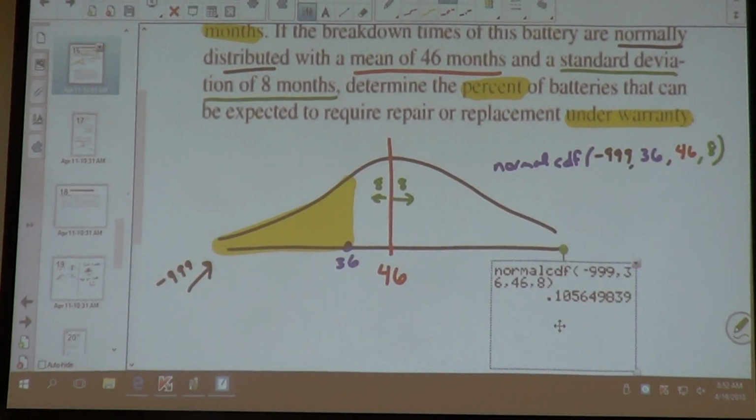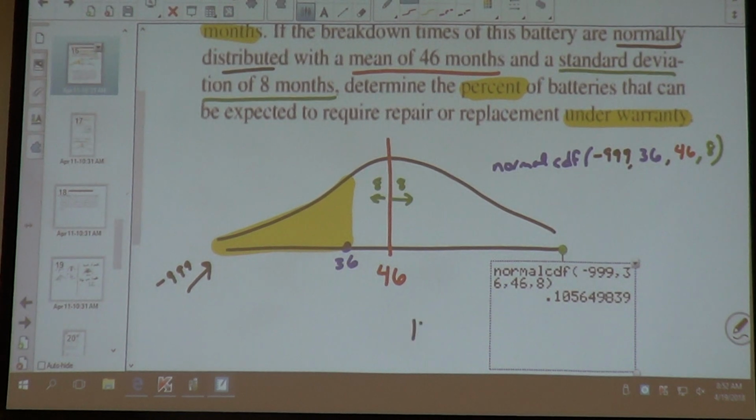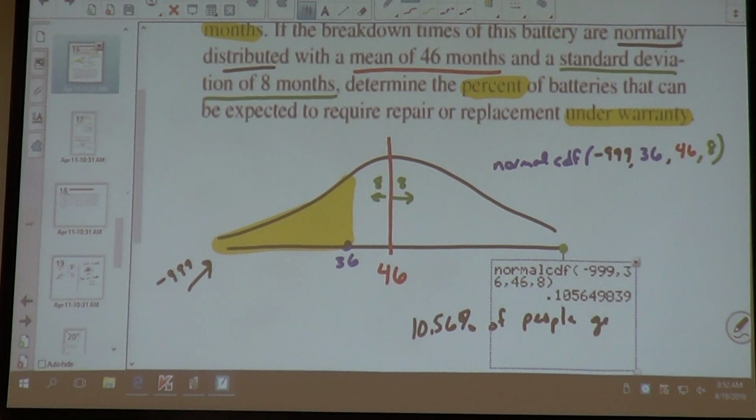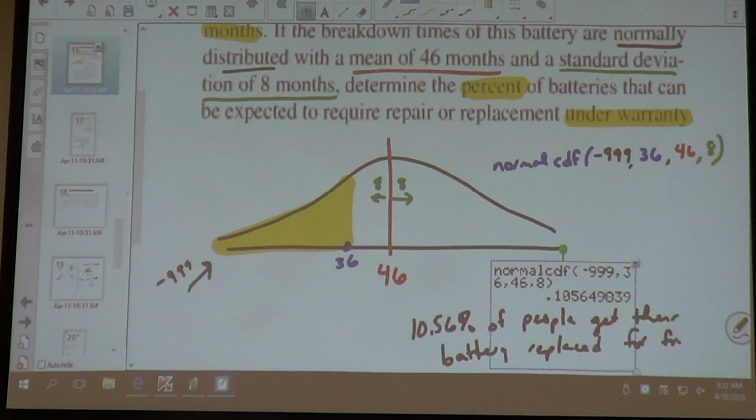So that means 10.56% of people get their battery replaced for free.